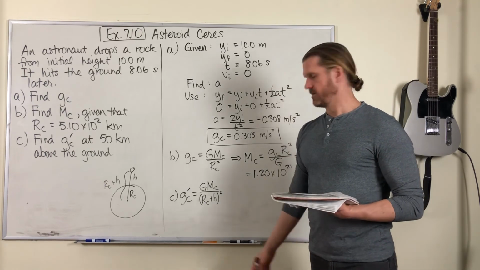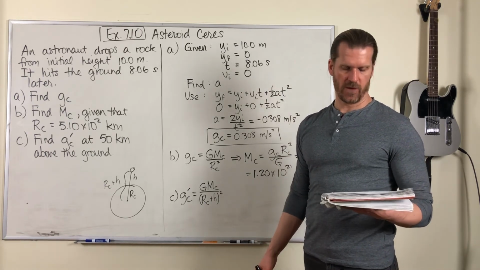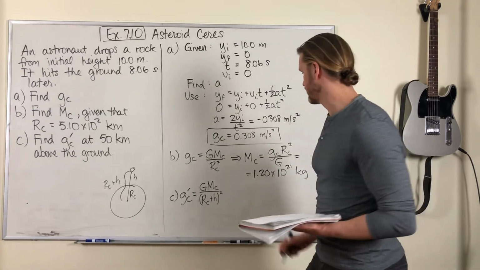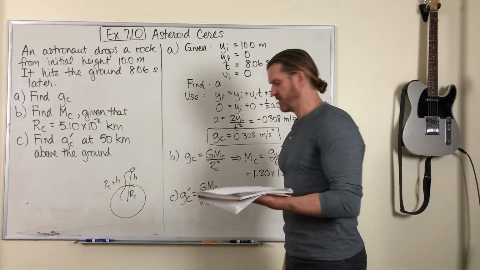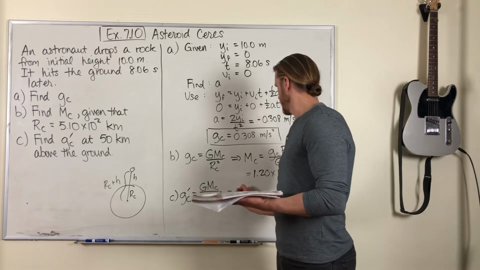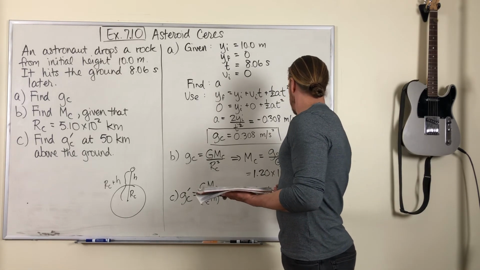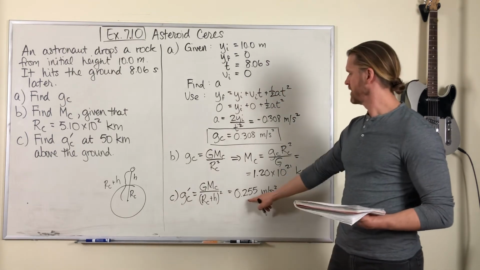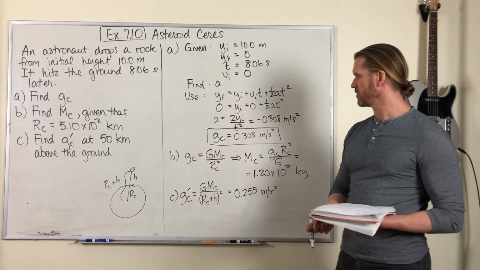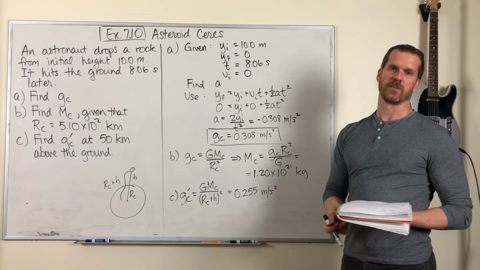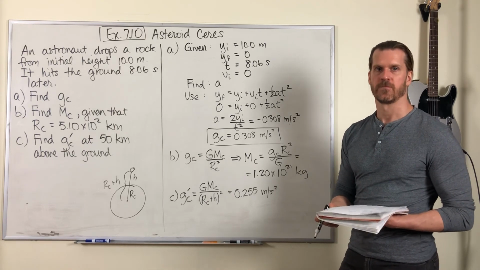And we're given that value for the height. They tell you in kilometers. Make sure to turn it into meters when you plug in these numbers. And you should find that it's 0.255 meters per second squared. So now we're falling considerably more slowly than before.